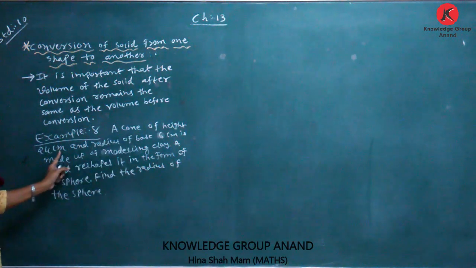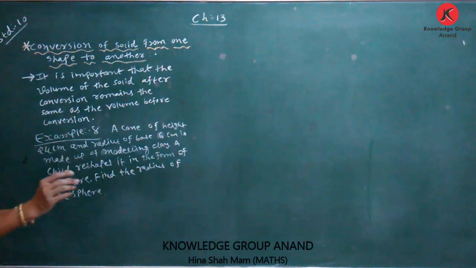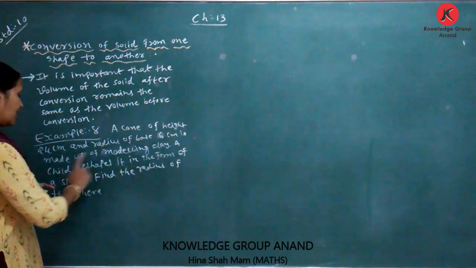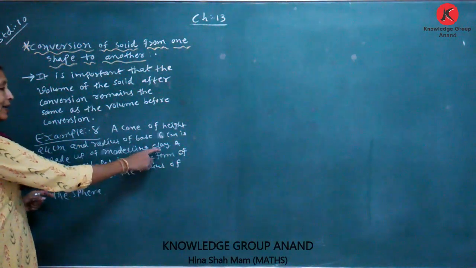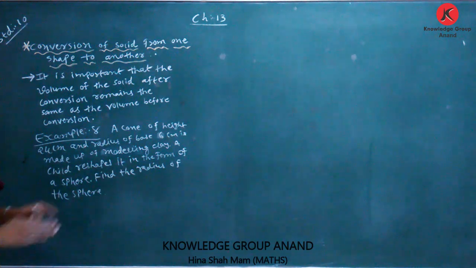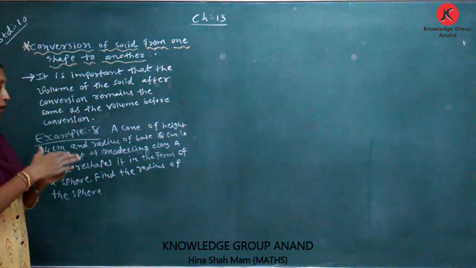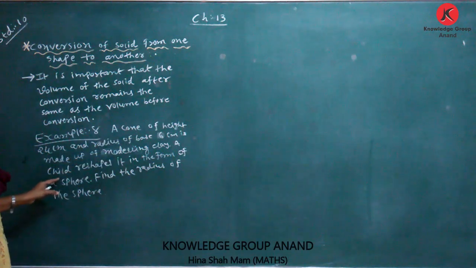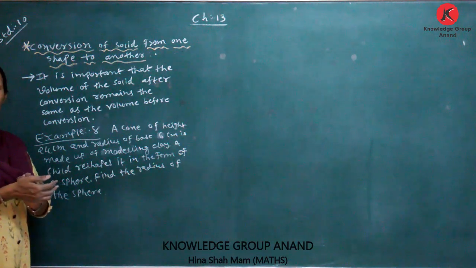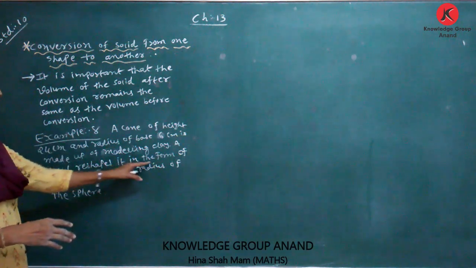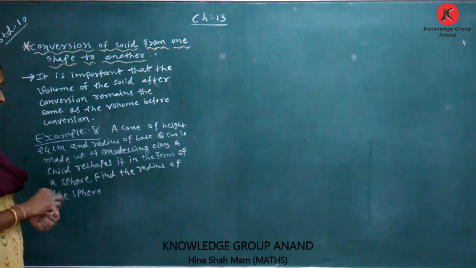A cone of height 24 cm and radius of base 6 cm is made up of modeling clay. A child destroys this shape and reshapes it in the form of a sphere.